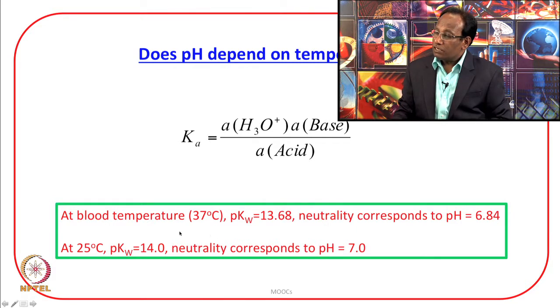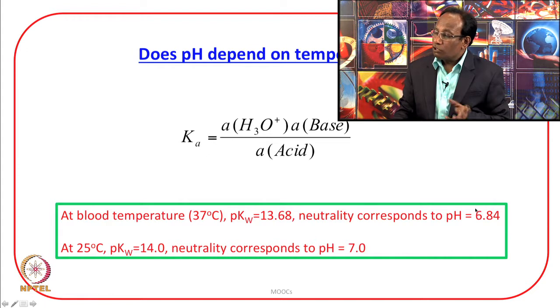At blood temperature, 37 degrees centigrade, pKw is not 14, it is 13.68. There, if you calculate the pH, it will turn out to be 6.84, not 7.